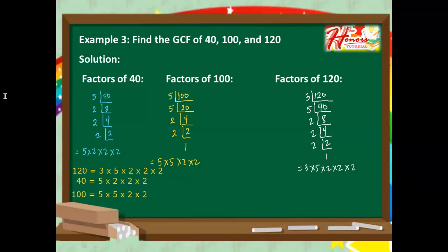Okay. So now let's choose our GCF. Please look for the partners that we have here or that we might have here. We can have this 5, 5, and 5. Though it is not a straight line, they are partners because we have 5 for 120, 40, and 100. So it's fine.